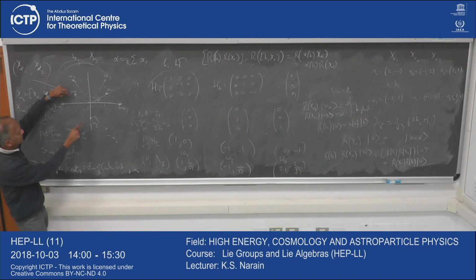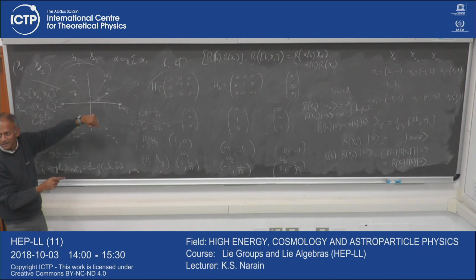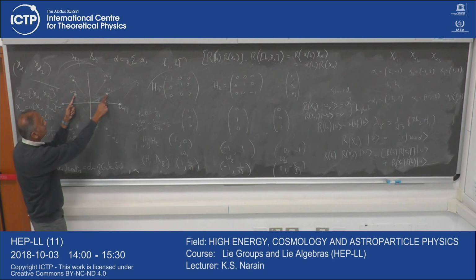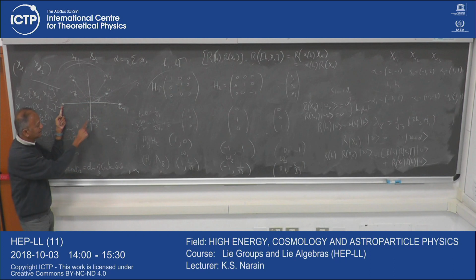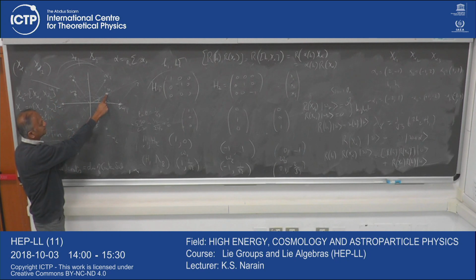So the way the picture is, these two states form a doublet of this SU2. These two states form a doublet of this SU2. And this one is a singlet of that SU2, because this one doesn't go anywhere upon the action of this. Same thing, if you look at, let's say, these two states are a doublet of this SU2.